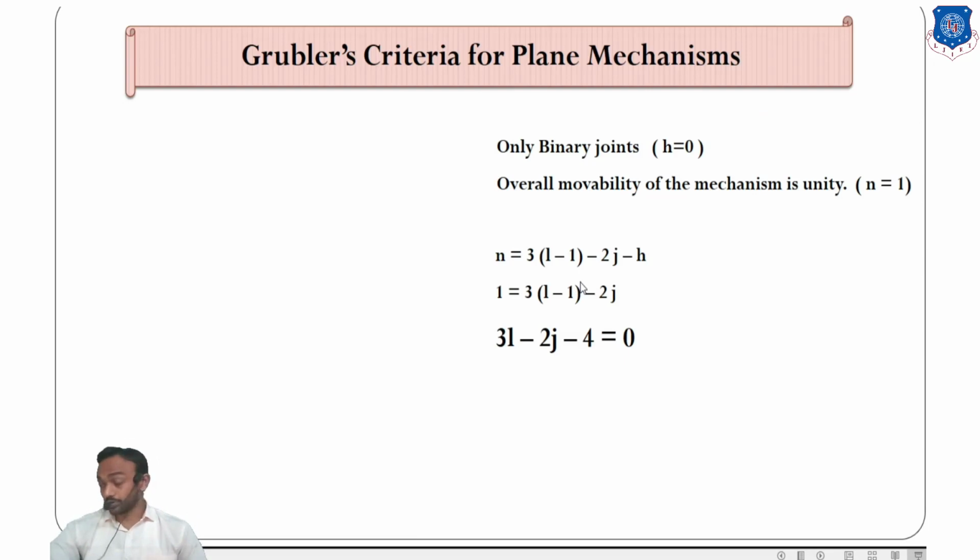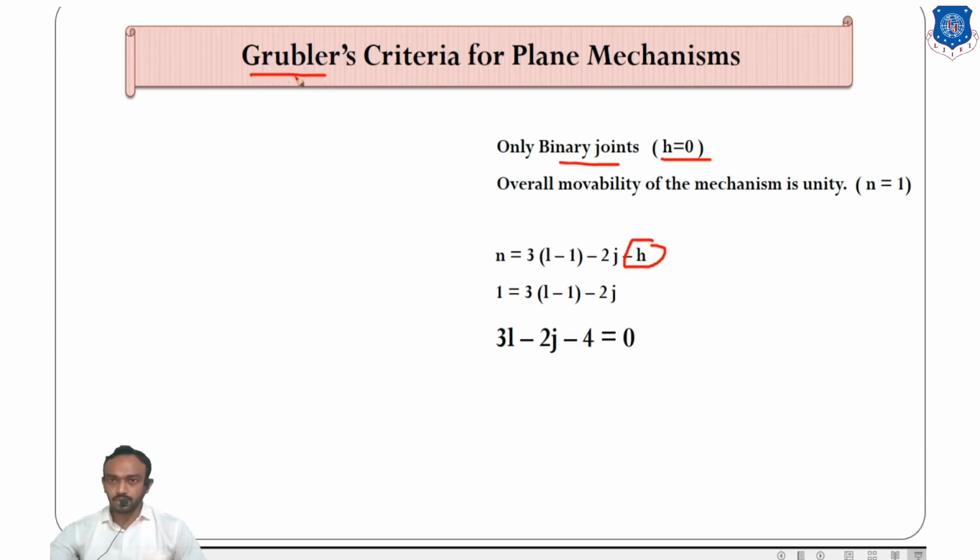The next formula is the Grubler criterion. This formula is used only for some particular mechanisms, with a criterion: only for binary joints. Binary joints means higher pair is equal to 0, h is equal to 0, h will be eliminated.